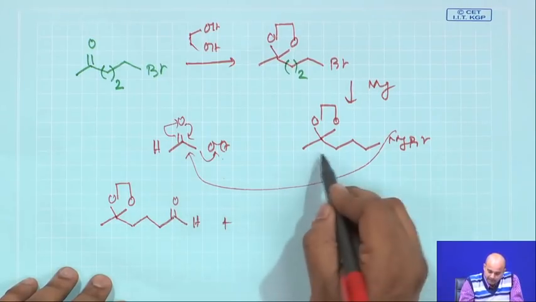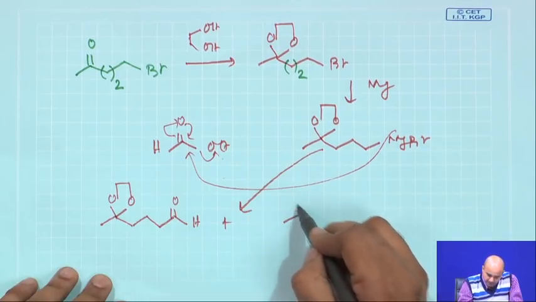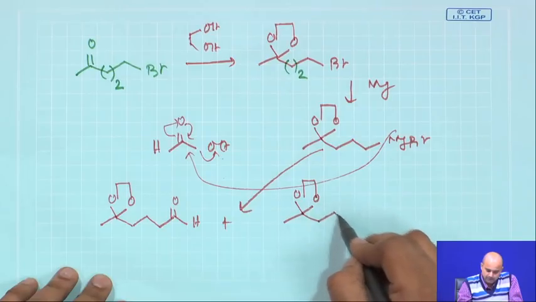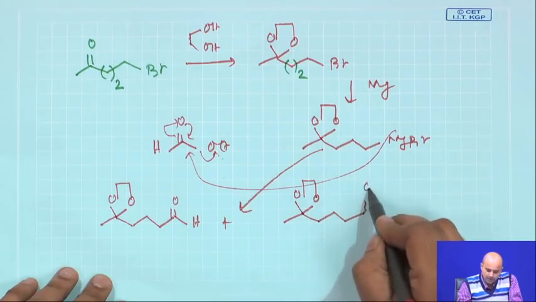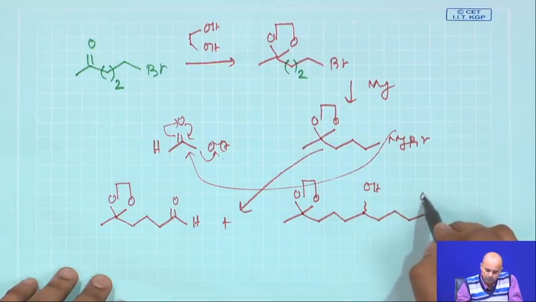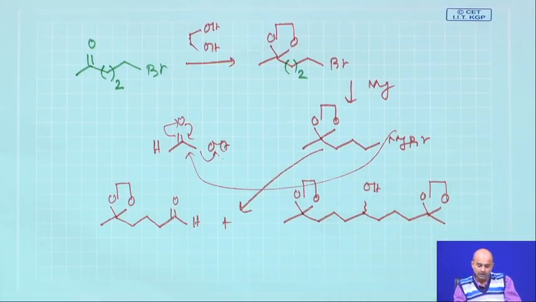Then another equivalent of Grignard again attacks here, and then you basically get this OH and this CH2. Now see, this intermediate is almost the one we are talking about.